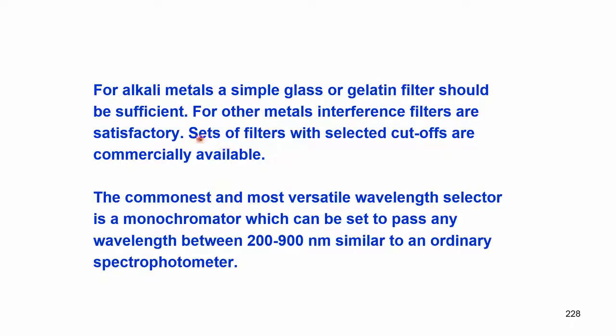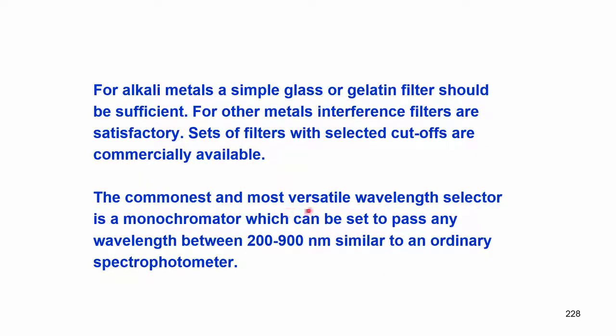For other metals, interference filters are satisfactory, and sets of filters with selected cutoffs are commercially available. That means, if I have to remove flame radiation, then I can use a filter, but if I have to choose a resonance line, then I need a grating.